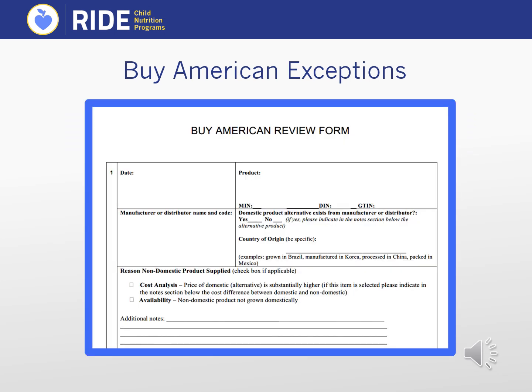Alternative forms of documentation should contain the product item number, description of the product's country of origin, and the reason this product was not purchased nationally. Some common examples we see of foods that may be international products include pineapples, mandarin oranges, banana peppers, and bananas.